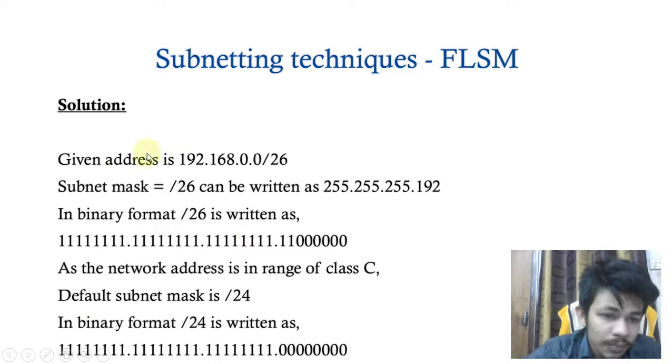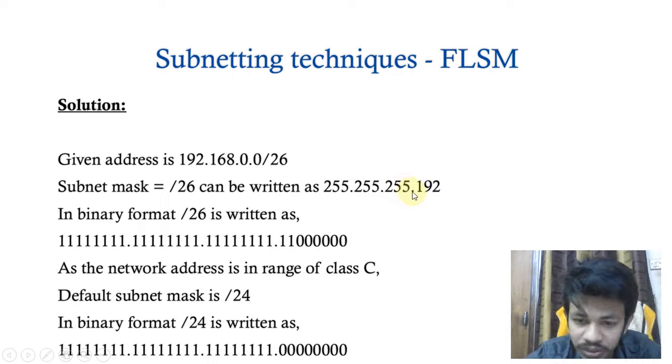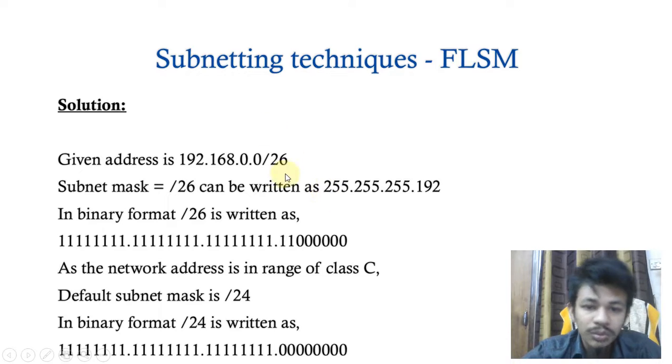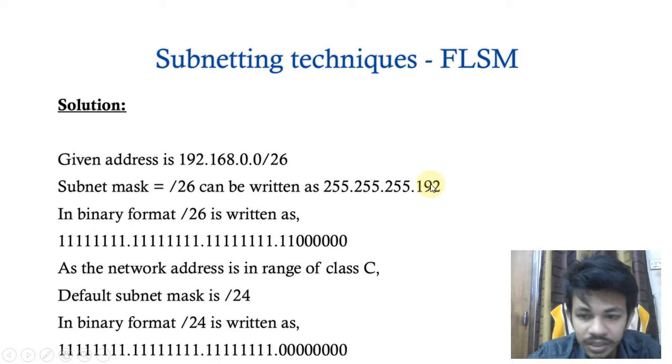The given address is 192.168.0.0/26. This /26 can be written as 255.255.255.something. As we know this IP address belongs to class C, we can write the first 3 octets as 255. But we have /26, that means we have 2 more bits to be network bits.